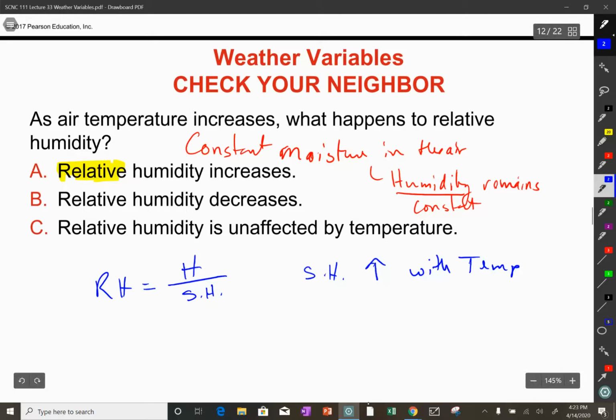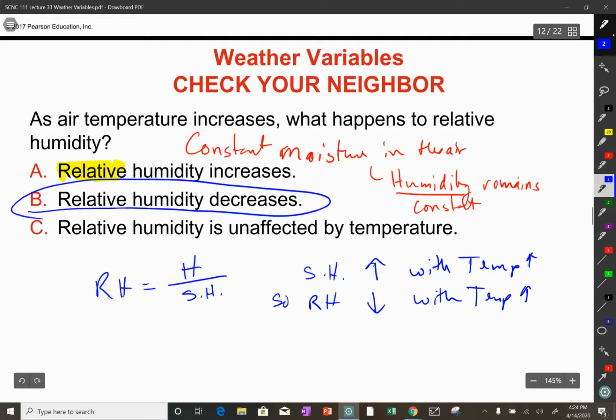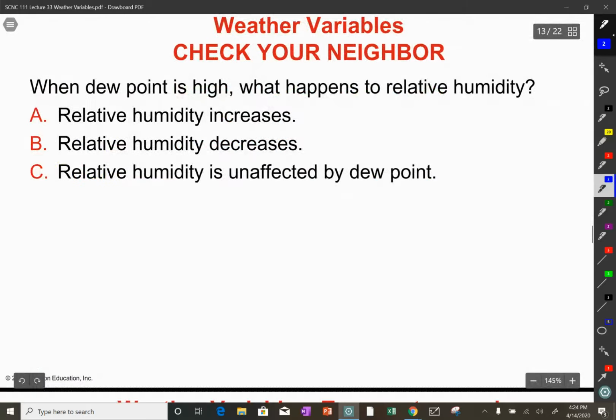So if the numerator, the humidity, is staying constant, but the denominator is increasing, then the relative humidity is going to decrease with temperature increase. So the relative humidity decreases. The bottom statement would have been correct if it didn't say relative. The humidity is unaffected, but the relative humidity does change because of temperature.